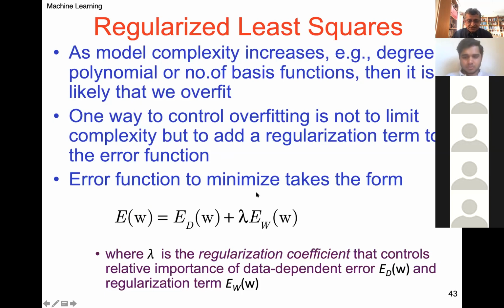It's called a Lagrangian term. This comes about when one is trying to minimize two things at the same time: the sum of squared errors on the one hand, and the length of the weight vector at the same time.